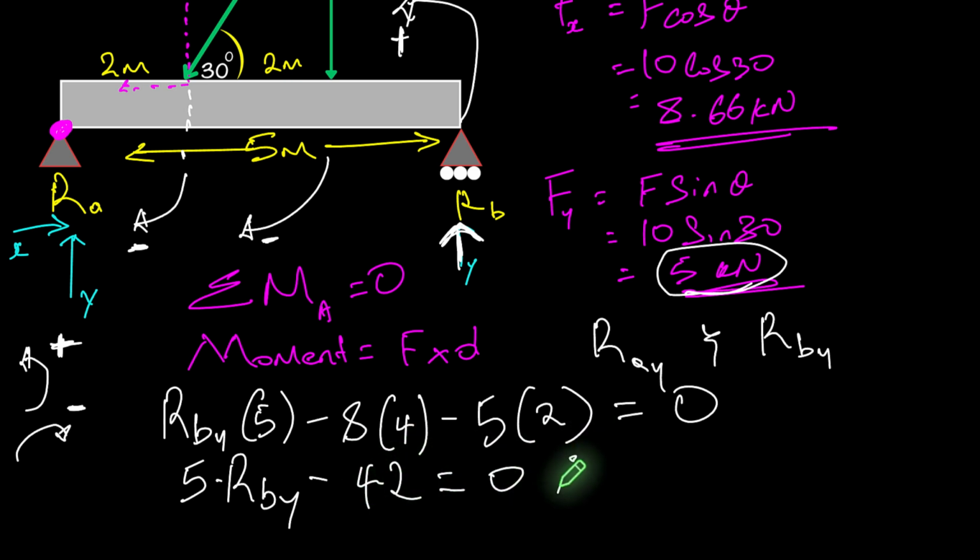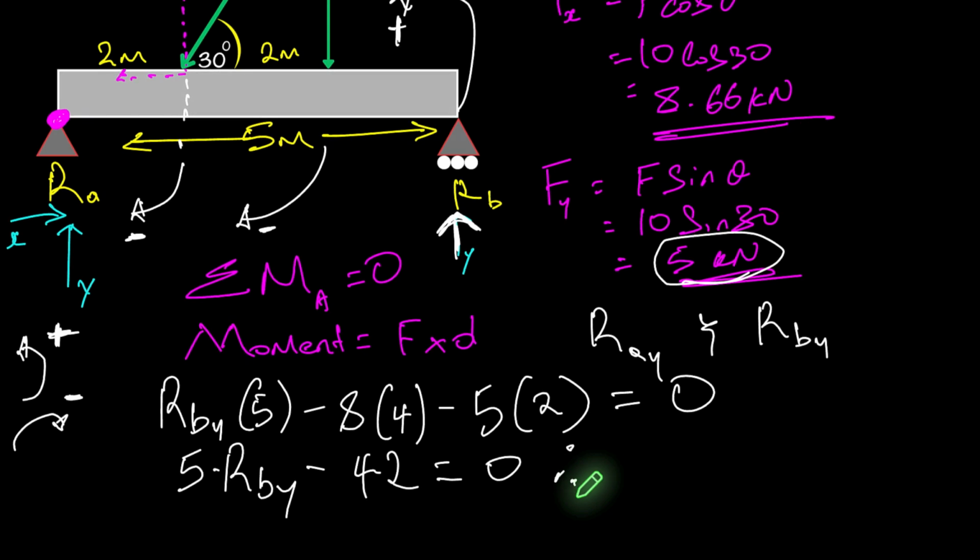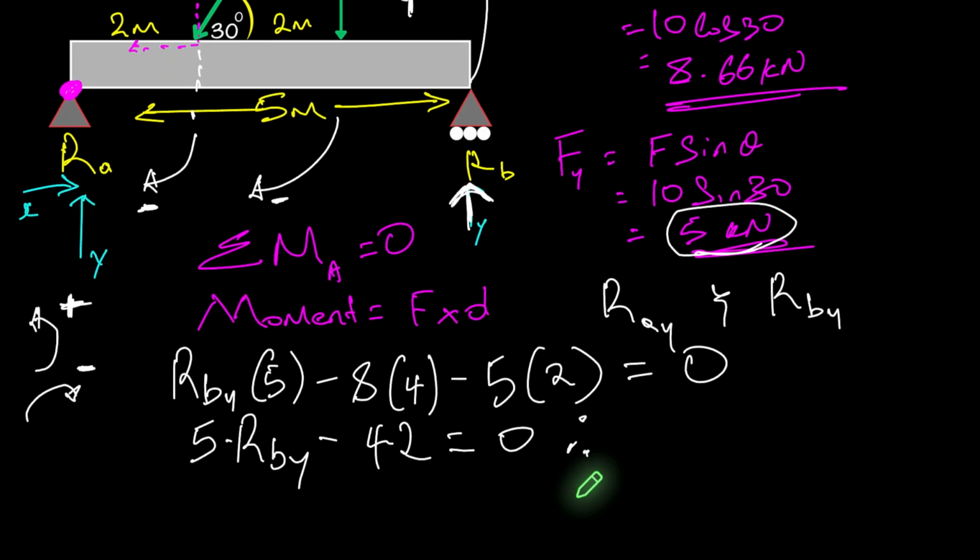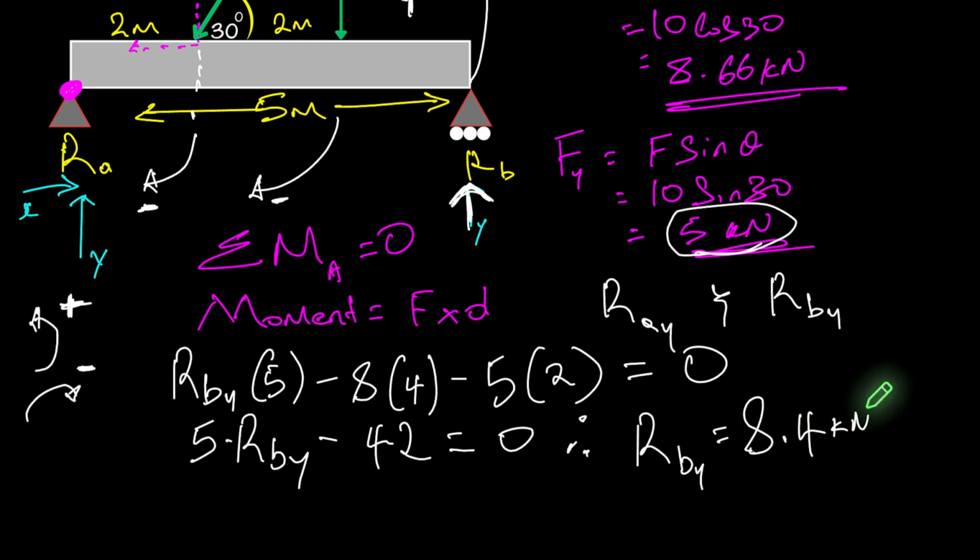So if we divide our 42 by 5, we'll get the answer for RB. RBY equals 42 divided by 5, which gives us 8.4 kilonewtons. So that's RBY, and our next step is to evaluate what RAY is.